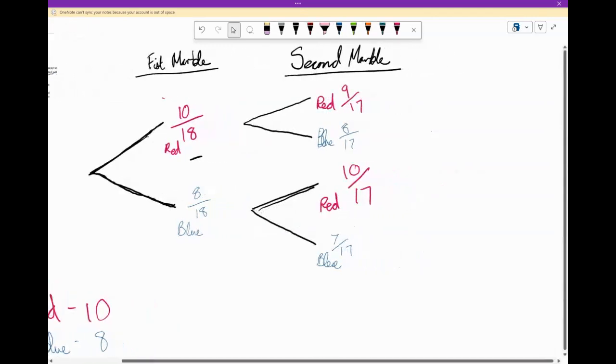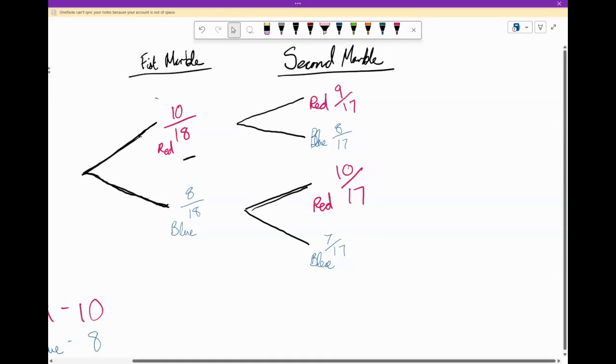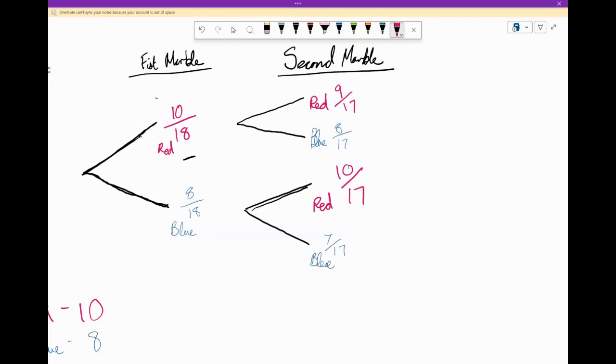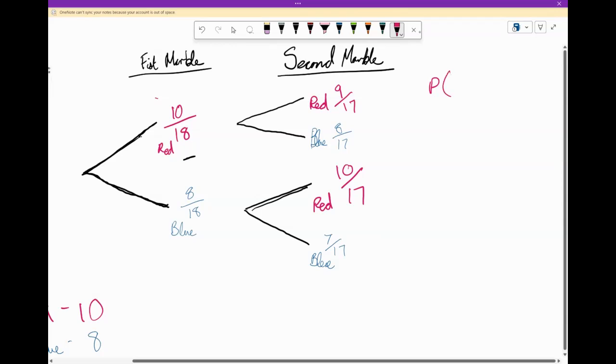Okay, so here, did they say how many marbles we should pick, like first, second, third? It's only 2. Remember the situation was we were looking at the probability of picking 2 marbles, so we're only concerned with that. But we could go on forever with this. So this first one, we're looking at basically saying, what is the probability of picking a red and another red as well?